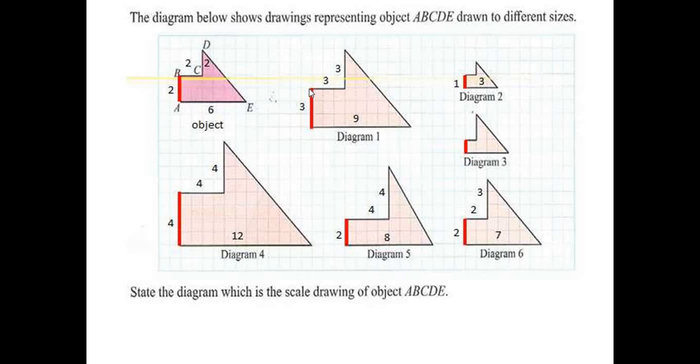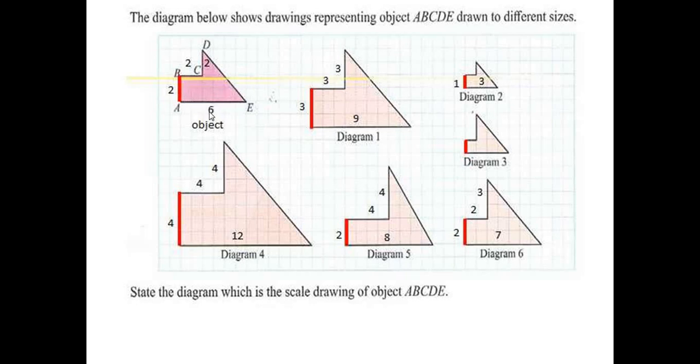So we look at the first diagram, diagram 1. This is 3, this one 3, and 3, and the base here is 9. Are they proportional? Yes or no? What makes you say that? The reason is, when we analyze each side, 2, 2, 2 here is 3, 3, 3, so they are proportional.